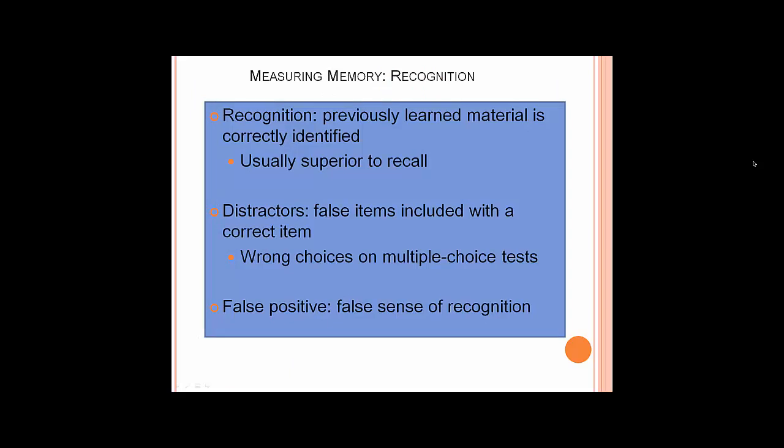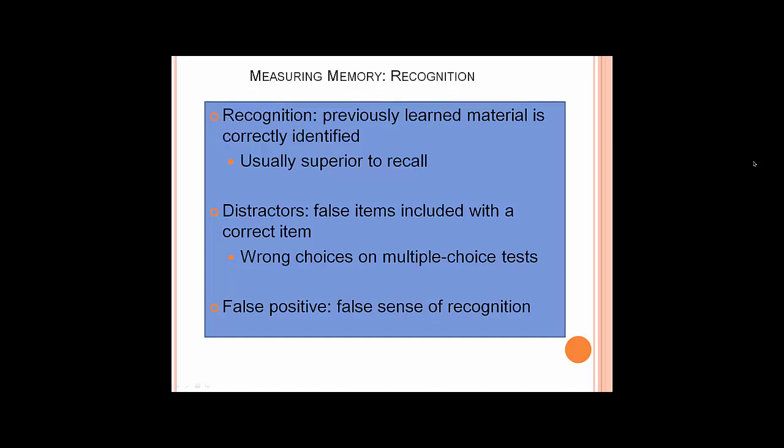Now we talked about recall. How about recognition? Recognition is previously learned material that is correctly identified. You have to identify it now, not recall it. And it is usually superior to recall, especially multiple choice. Distractors are false items included with a correct item.